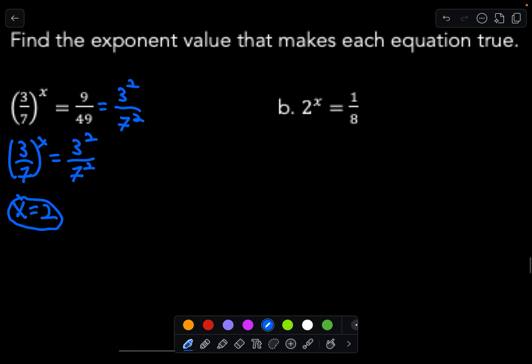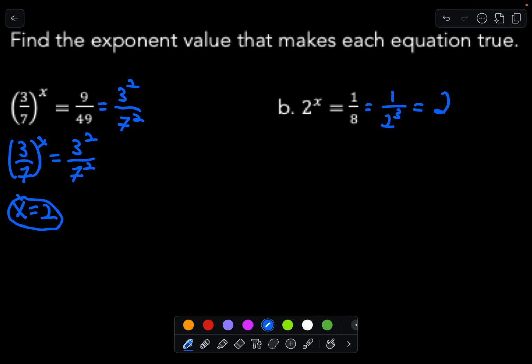Okay. 2 to the x equals 1 over 8. Well, 1 over 8 is 1 over 2 to the 3rd power. And I know I can move exponents. I can move these powers around up and down by switching the sign of the exponent. So I'm going to move this 2 to the 3rd to the top.